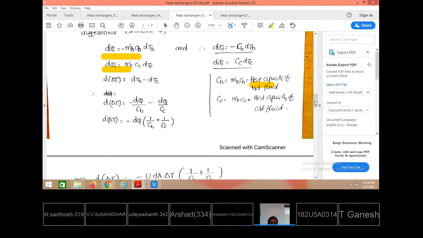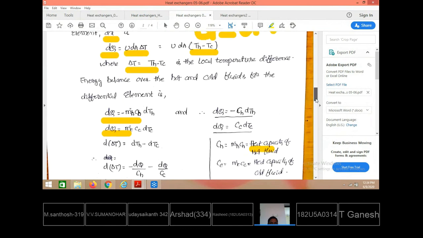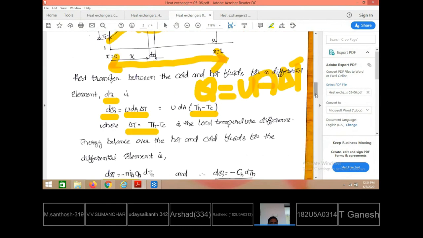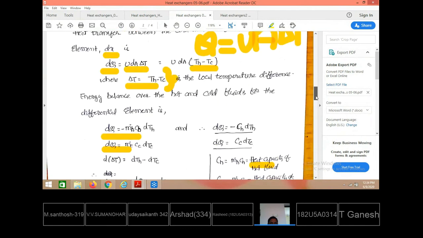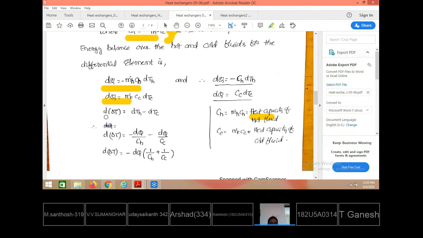At any section of the heat exchanger, delta T is the difference between the temperatures of the hot and cold fluid, Th minus Tc. Now I am taking the value of d of delta T. Already I took delta T as Th minus Tc. Therefore d of Th minus Tc is written as dTh minus dTc.